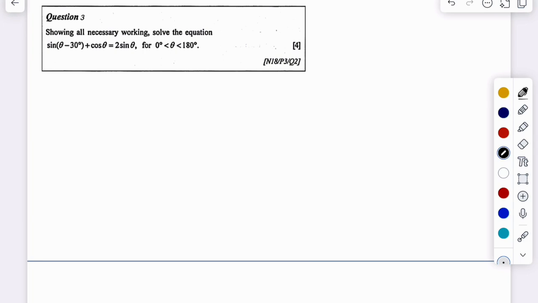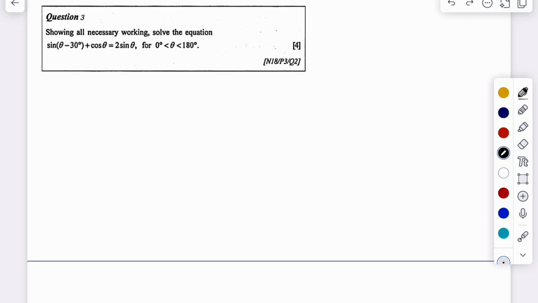Right, guys, now for question 3, it says, showing all necessary workings show that sine(theta minus 30 degrees) plus cos theta is equal to 2 sine theta. Okay, and that's between 0 and 180. So, to do this, we need to firstly expand this.